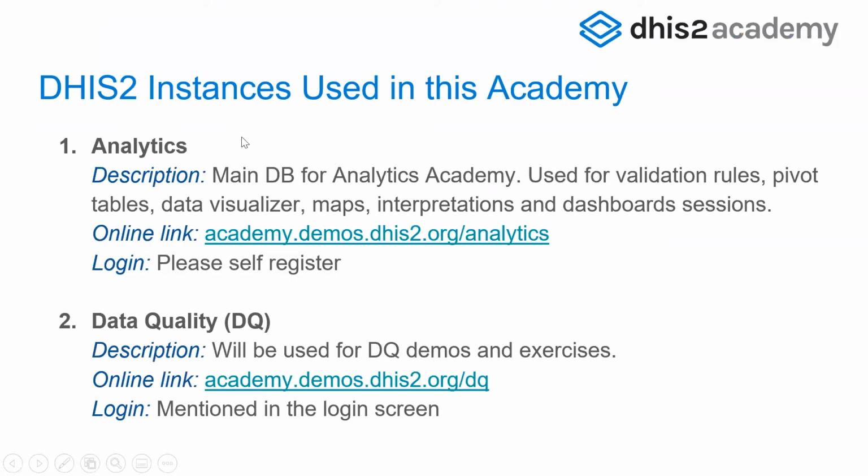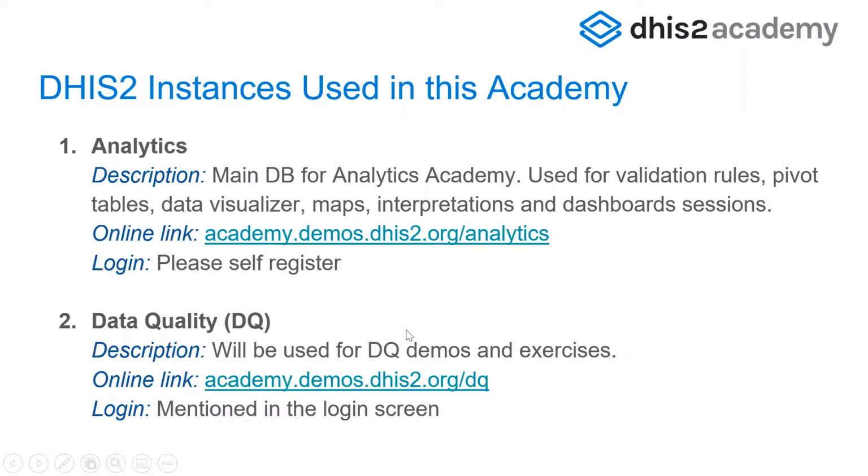the first DHIS2 instance, analytics. The second DHIS2 instance is data quality, the DQ instance. This instance specifically will be used to demonstrate the data quality part and the exercises. The link is given here.